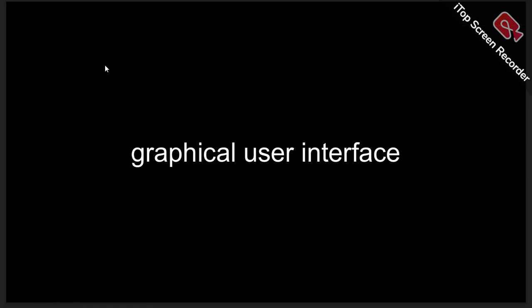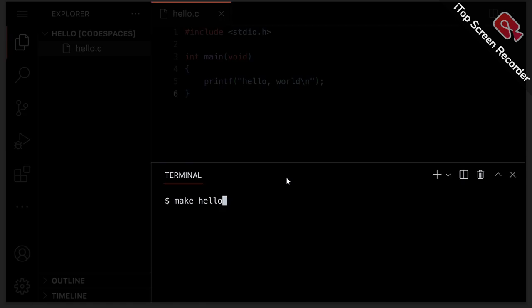Now we're going to discuss the graphical user interface. A graphical user interface is the interface that we use on our screens, like on our mobile screens or anything. This is abbreviated as GUI, graphical user interface.